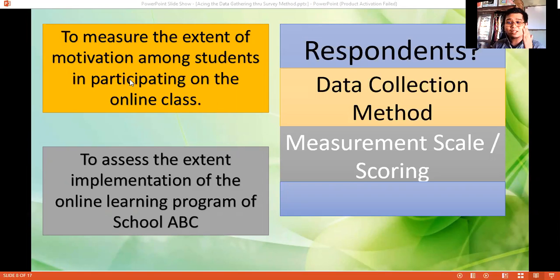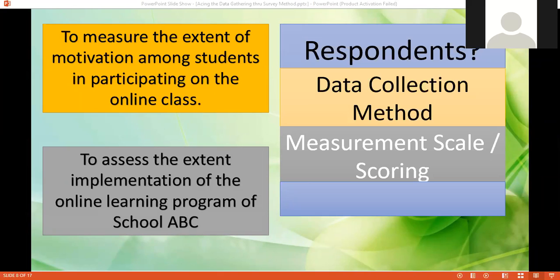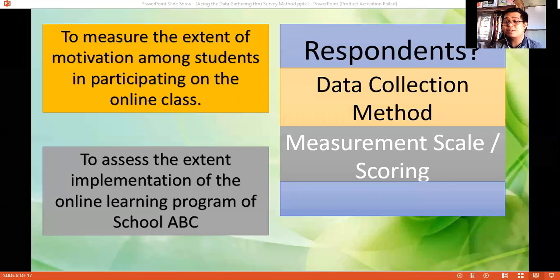But what makes these students as respondents very exact? Ano dapat? They must be doing what? Yes, Mr. Nolan? Sir, yung nagpa-participating in online class. Yes, correct. Therefore, students who are exclusively participating in an online class.